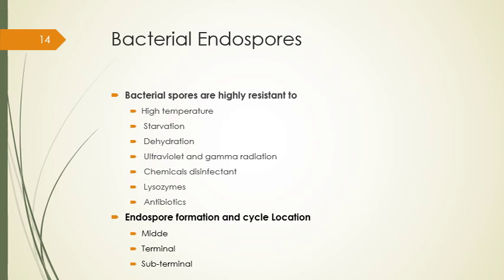Endospore formation and cell cycle location. The location of the spore varies in different species. Endospores may be present in the middle of the bacterium, for example in Bacillus cereus; at the end of the bacteria, also called the terminal portion, for example in Clostridium tetani, the pathogen that causes the disease tetanus; and near the end of the bacteria, also called the subterminal end.